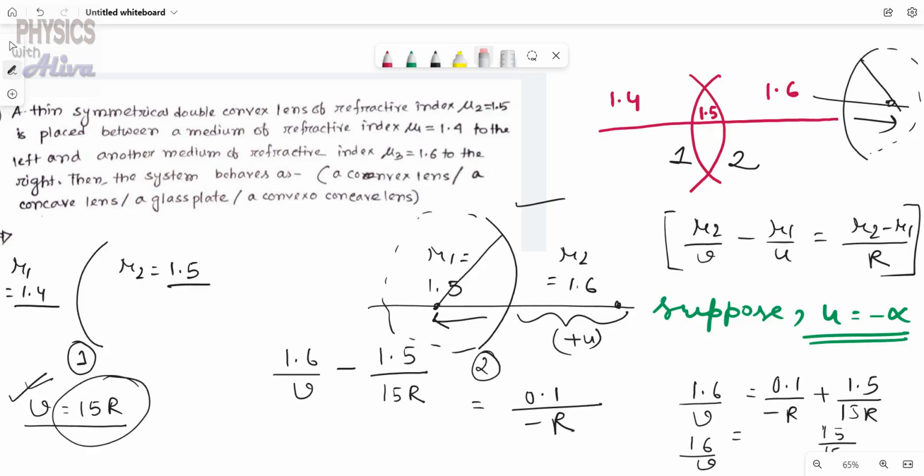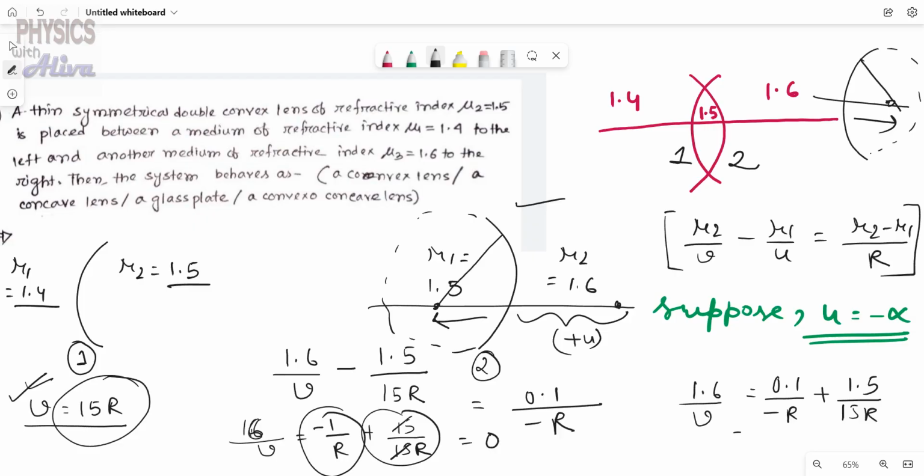I will write it in another position, as here it is very clumsy. Multiplying by 10, we get 16 by v is equal to minus 1 by r plus 15 by 15r. So this will be 1 by r minus 1 by r, which is equal to 0. So from here we get that v is equal to infinity.